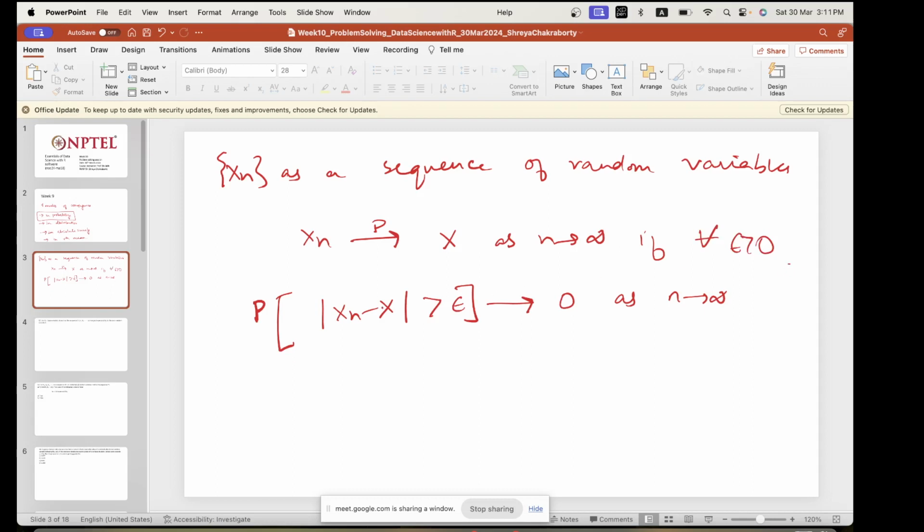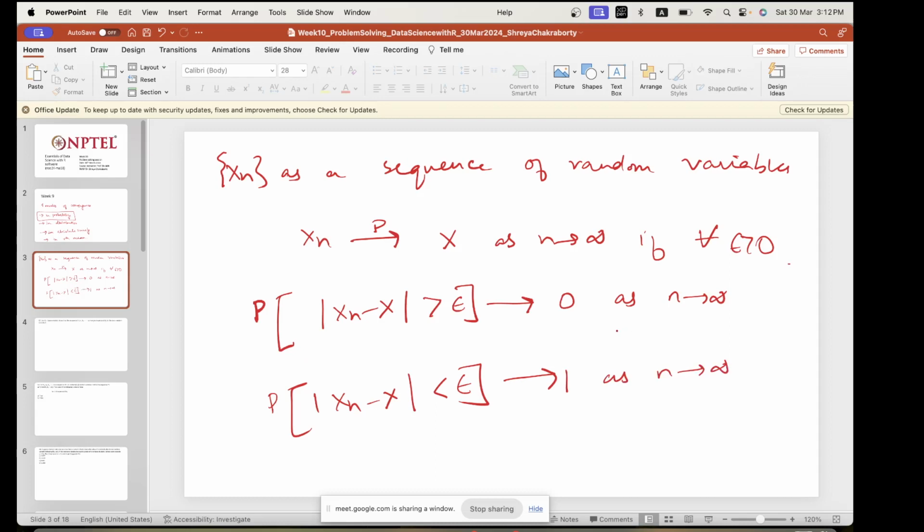Or in other words, probability of modulus Xn minus X less than epsilon tends to 1 as n tends to infinity for all epsilon greater than 0.